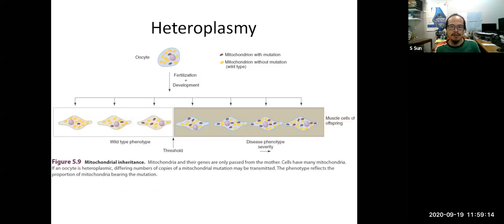This picture shows that if the oocyte has some mitochondria with mutations, the purple ones, the distribution can vary. Some eggs may have only one, with the other mitochondria healthy, or it could be a lot. So the degree of phenotype severity could be different.